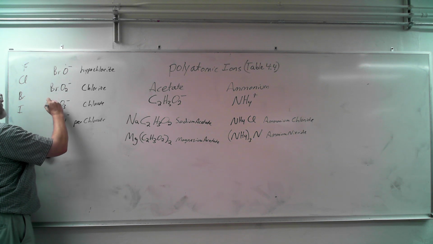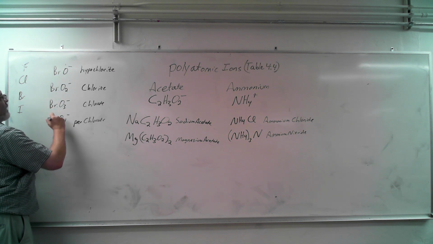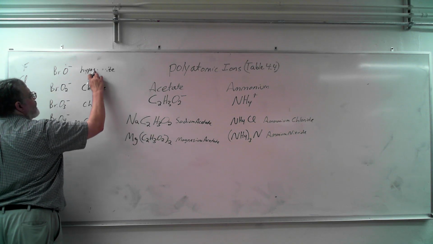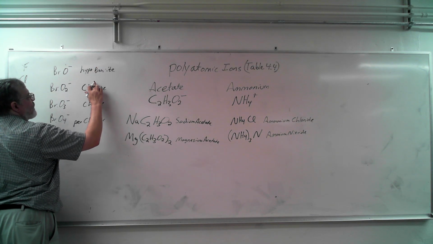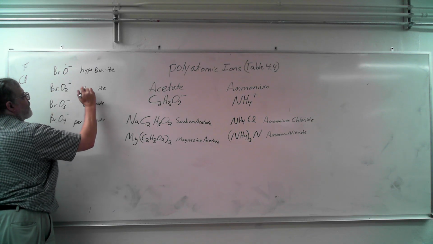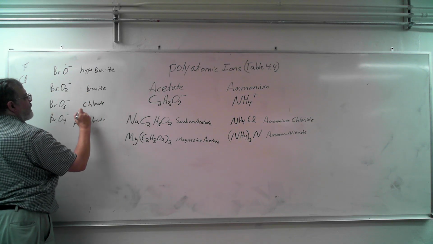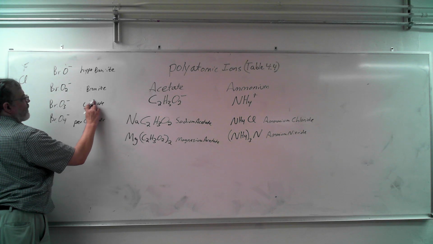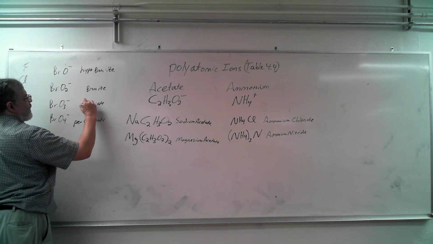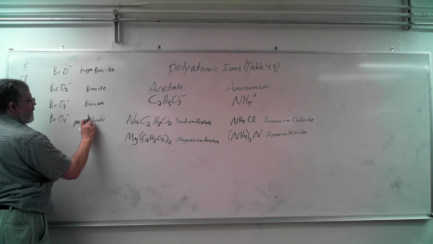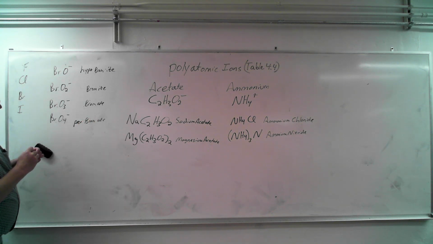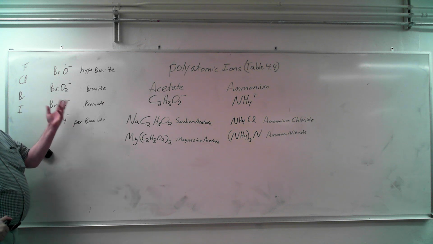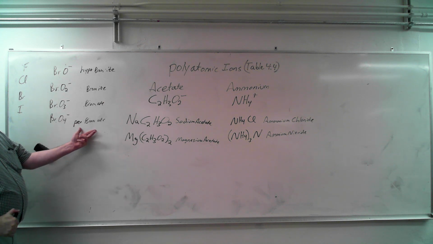If I just replace the Cl with Br and the chlor, so you've got hypobromite, bromite, bromate, and perbromate.